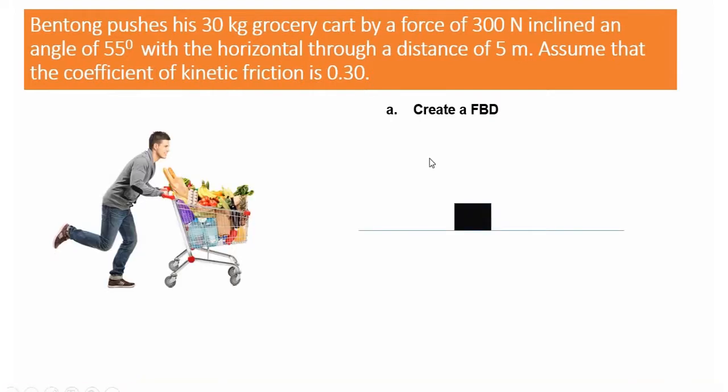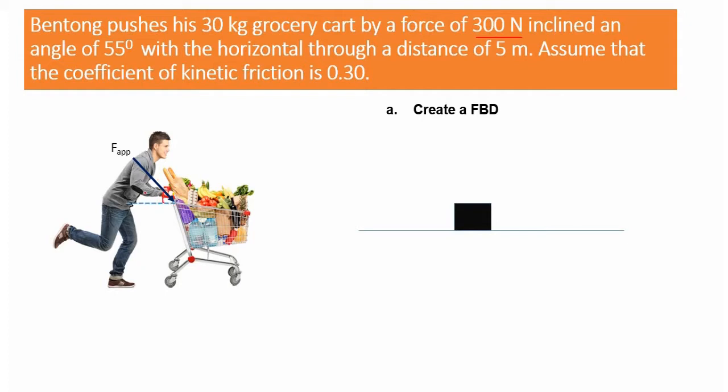Let's go to the first task, which is to create a free body diagram. Bentong pushes his 30-kilogram grocery cart by a force of 300 Newton, inclined at an angle of 55 degrees. So we will have to draw an arrow, and this would be the applied force, which is 300 Newton, and it's inclined at an angle of 55 degrees to the horizontal.